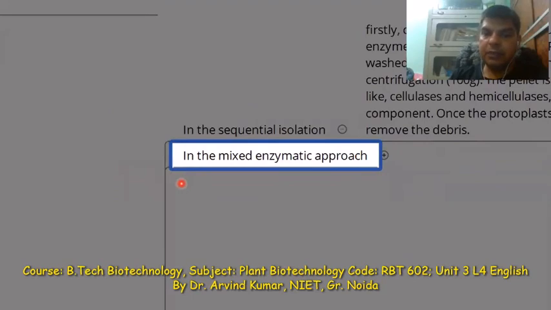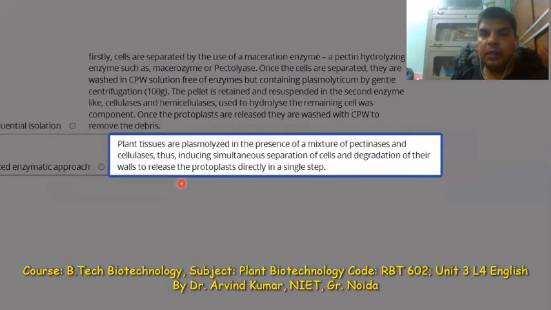The second is the mixed enzymatic approach. Now we have the same enzymes, but here we are applying them in a mixed way. In this, plant tissues are plasmolyzed in the presence of a mixture of pectinases and cellulases. The pectinase enzyme helps in dissolving the pectin layer to loosen the cells, and the cellulase enzyme dissolves the cell wall components, that means cellulase and hemicellulases.